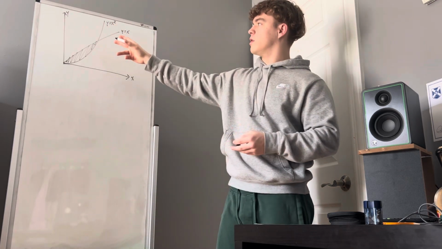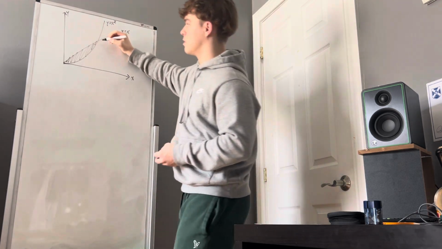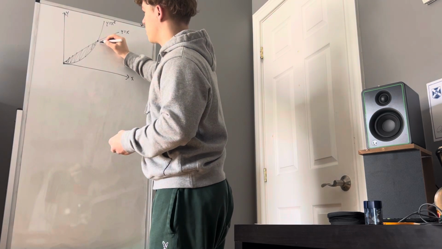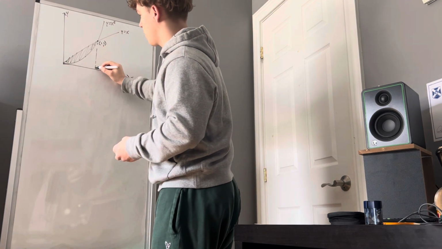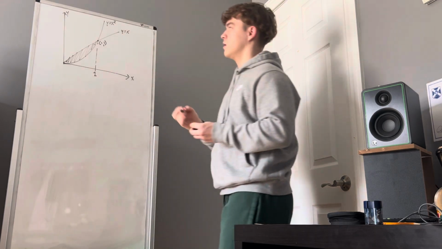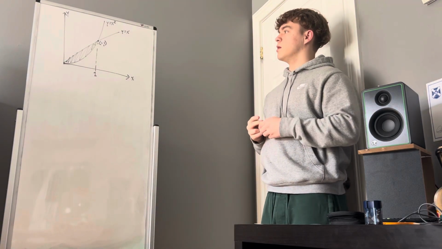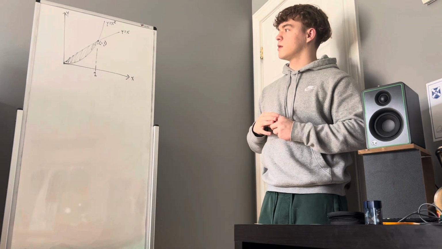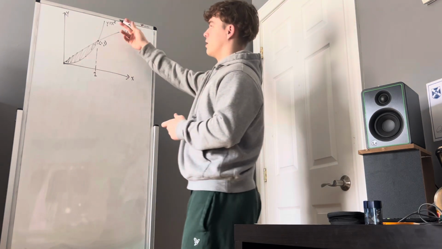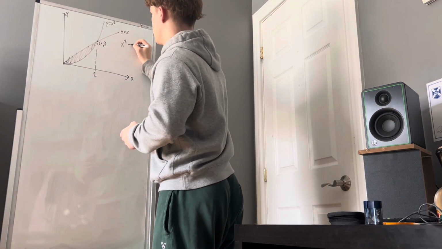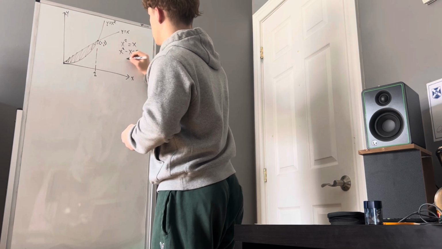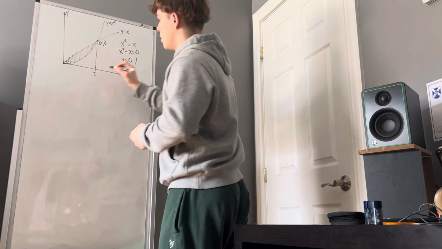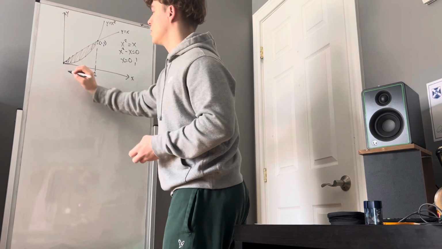Well, first, we know that y equals x squared and y equals x will intersect at 1, 1, which is where x equals 1. We can do that using some simple algebra. We let y equal y, so x squared minus x equals 0, which gives x equals 0 and 1. So this is our other intersection point, 0.